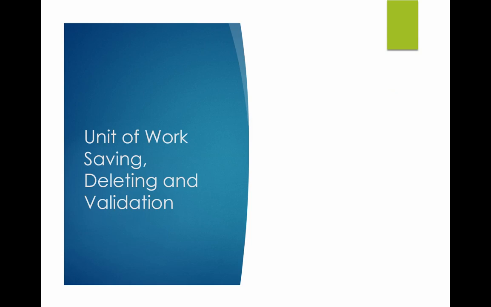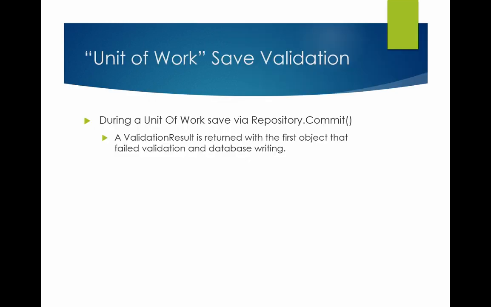And then unit of work saving. This is a really simple slide. You basically call the repository, and the validation result will delete it and save it, save it as a group, and if it fails, it will return the validation result. It's actually just a really simple command.